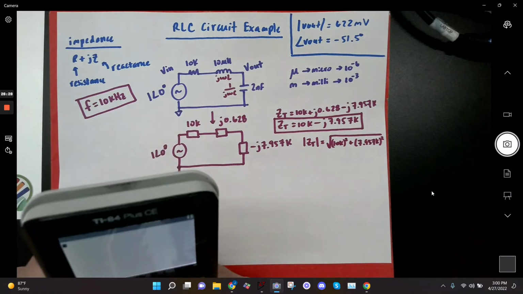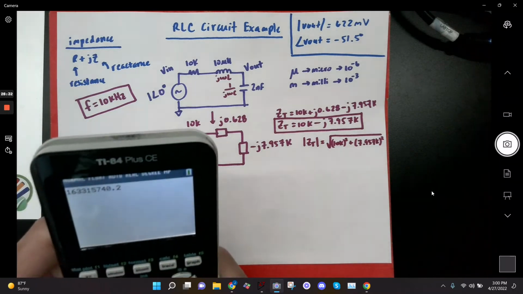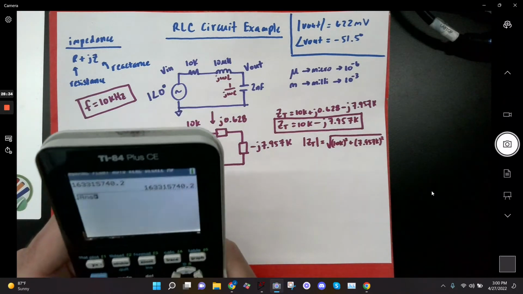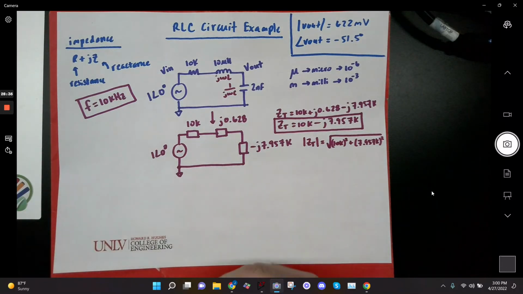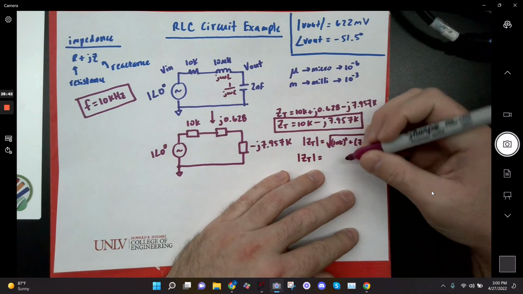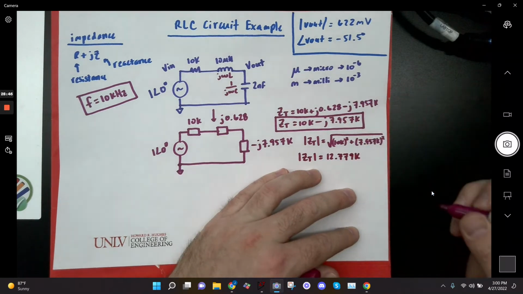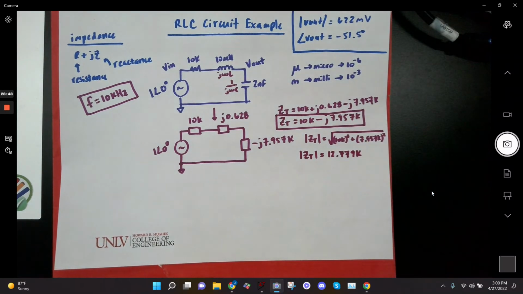Oops, I did something wrong. Anybody else doing it with me get 12.779K? Yeah. Okay. And now I need to find the phase.